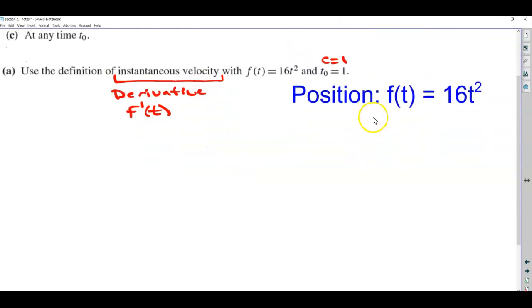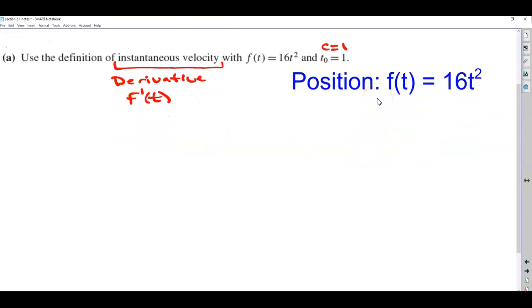If we know the position function, and I want to find the instantaneous slope at 1 second. How fast is the rock falling at 1 second? All right, well, I'm going to take my limit. Oops. Now this is where, look at my habit, I put x. Well, in this case, we don't use x because the input variable is t.